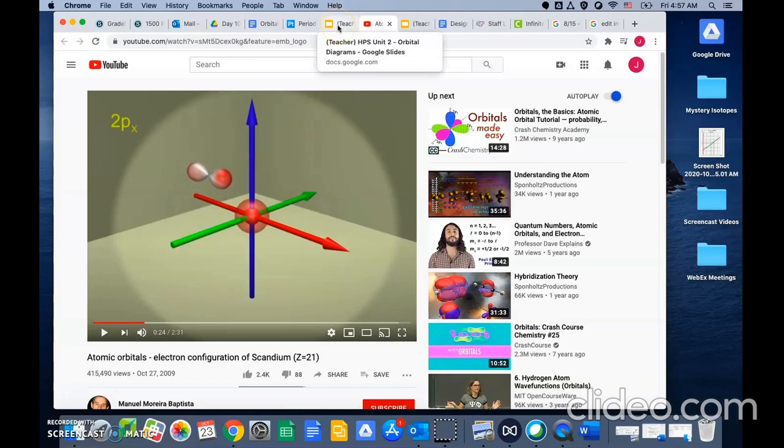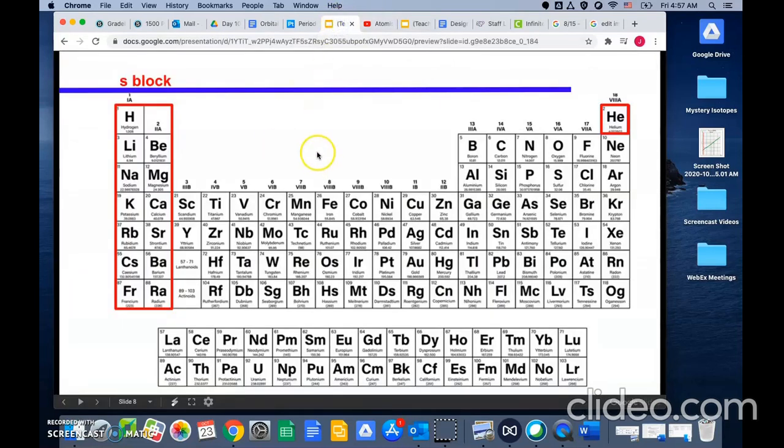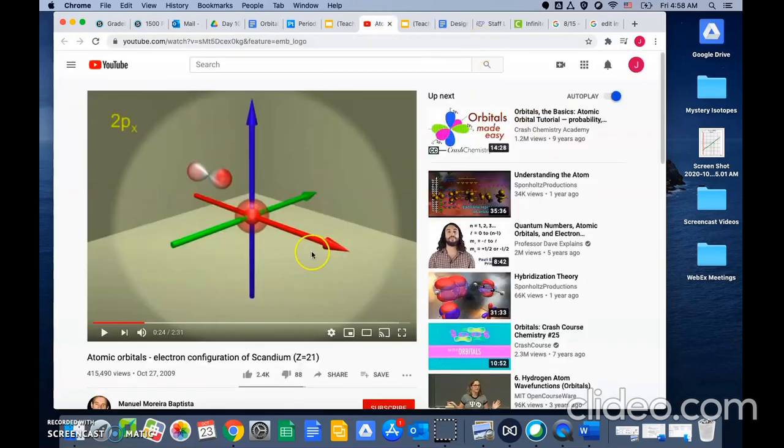And again, it's three-dimensional. These are the atoms whose valence electrons exist in the p block, or in a p orbital. So we call this the p block. Okay, let's keep going.